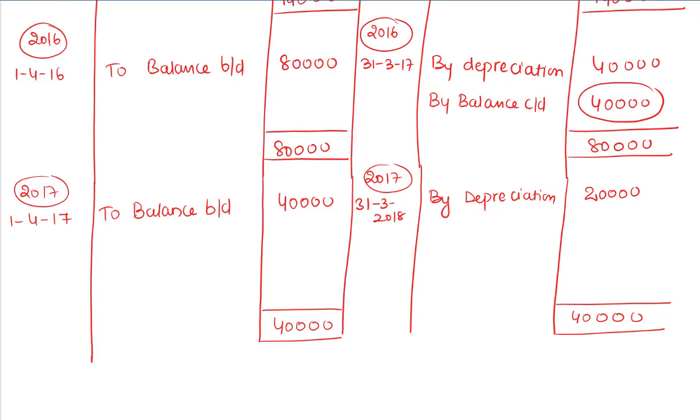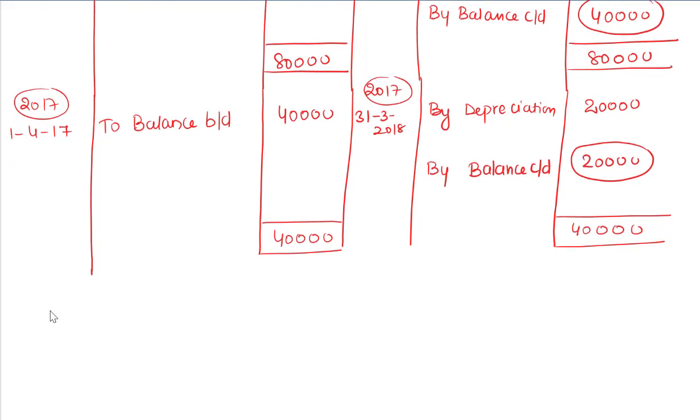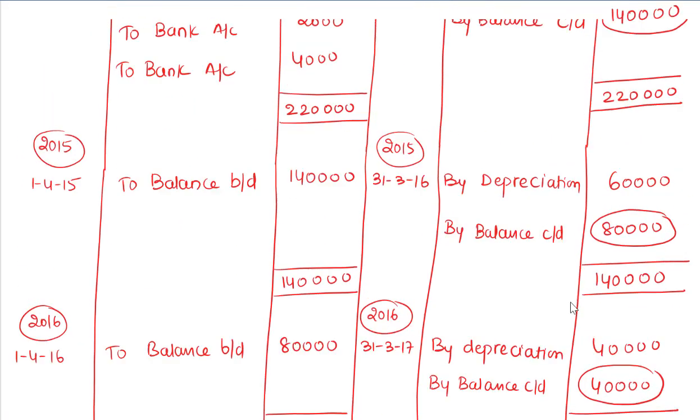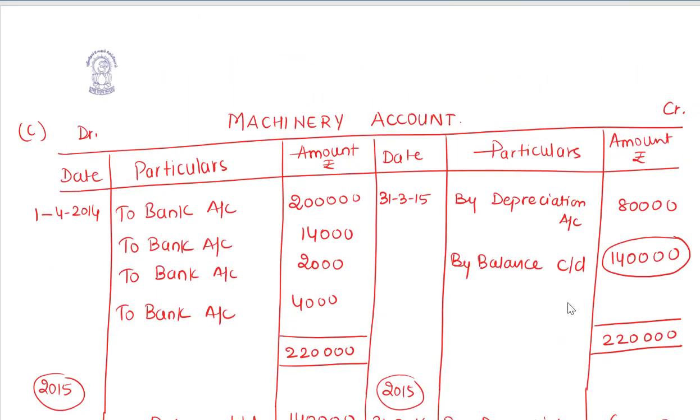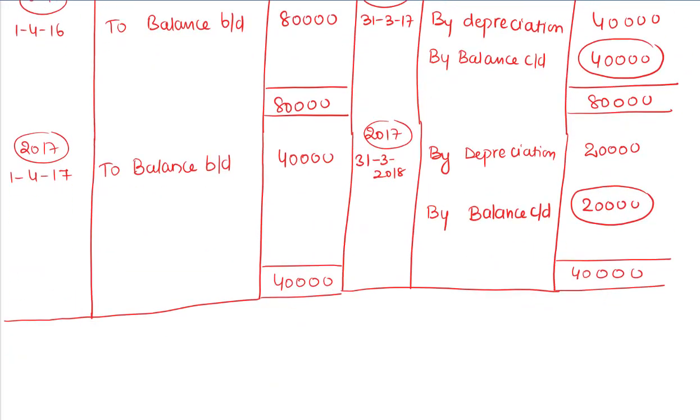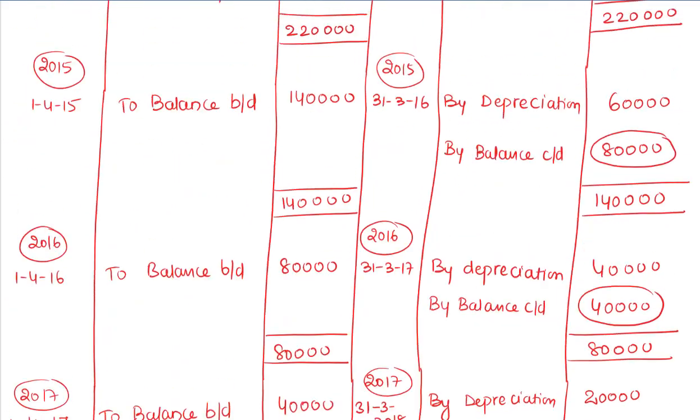So 20,000 by depreciation, by balance carried down 20,000. So we had made the machinery account over here.